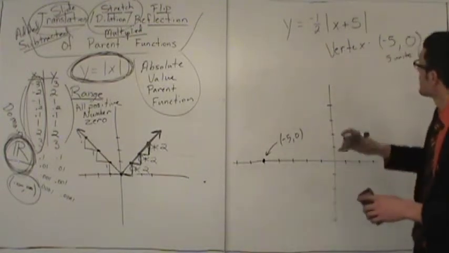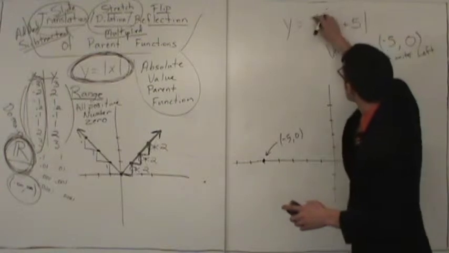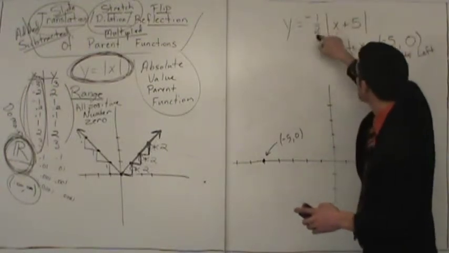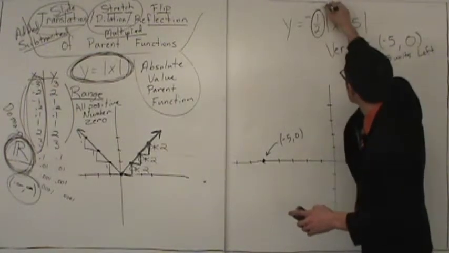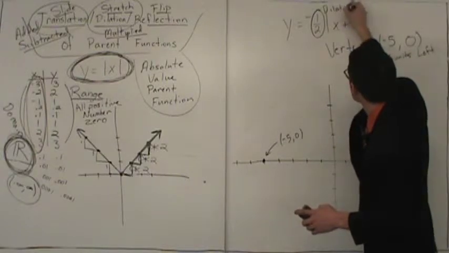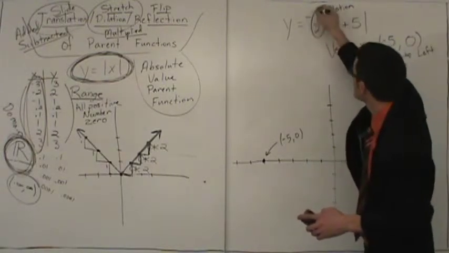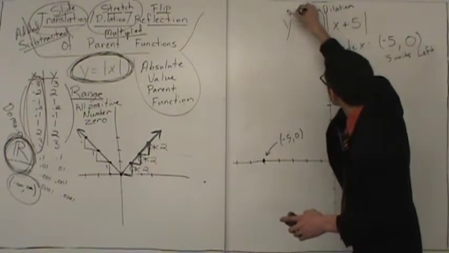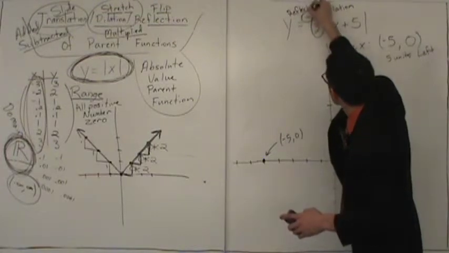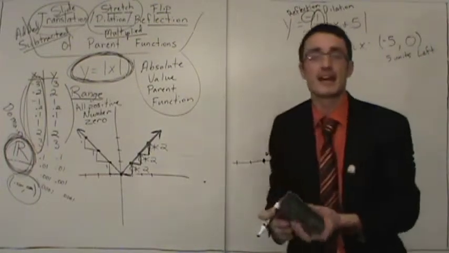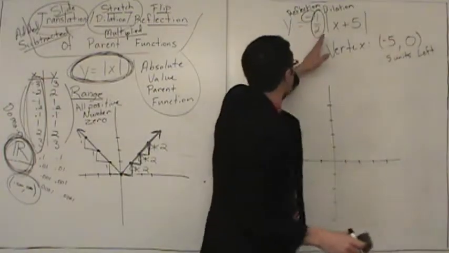And now we look at what is the negative 1/2. Well, there's two parts to this. You guys see negative 1/2. Circle the 1/2. 1/2 is called the dilation. Okay, and the negative is called a reflection. So two parts to this. So what is the dilation? The dilation is 1/2. Okay, so what does this mean?